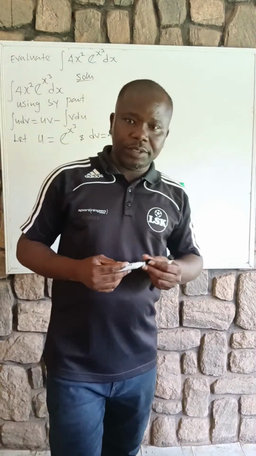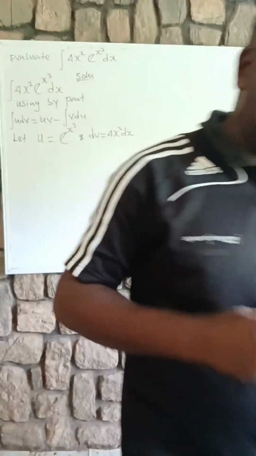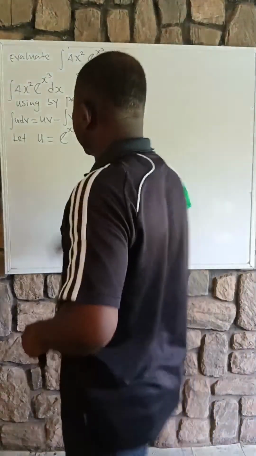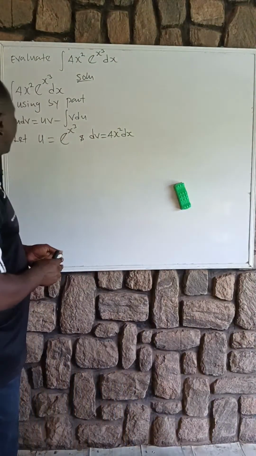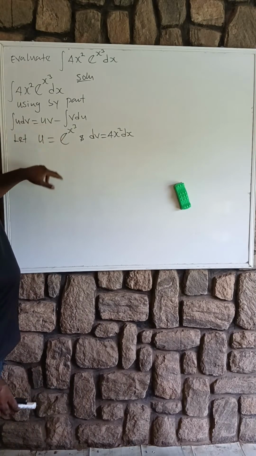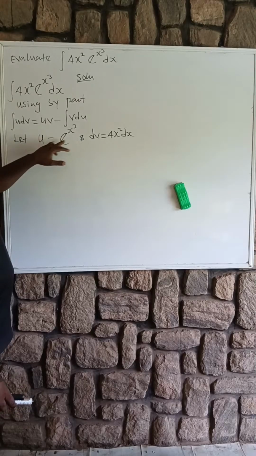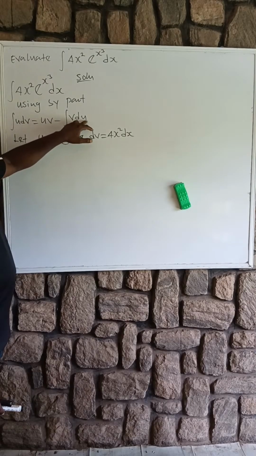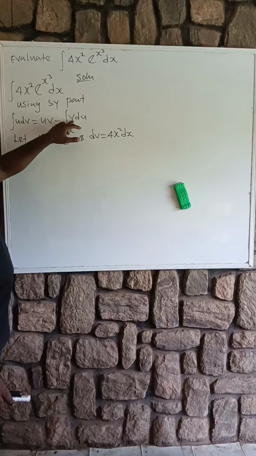Do you agree with me up to this point? You agree with me, right? So inside this formula, we have our ordinary u and v. We have gotten our ordinary u as this, but we don't have our du and v. So how can we obtain these two?